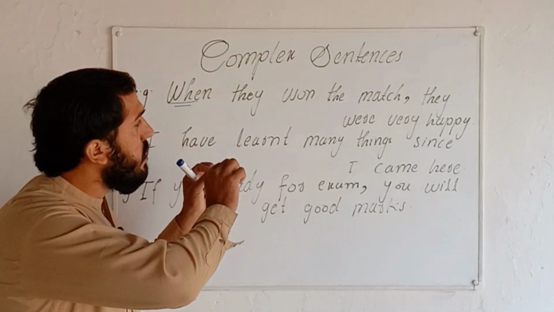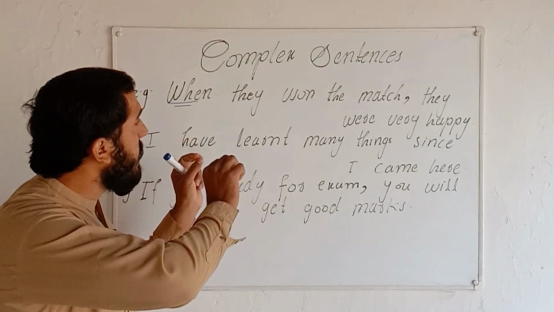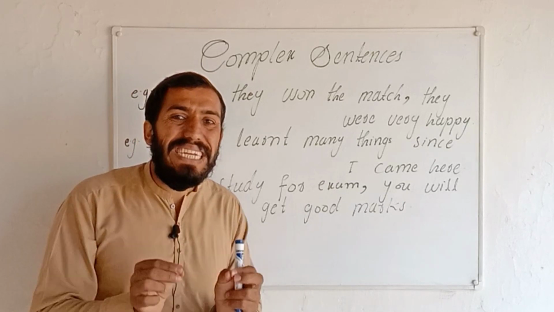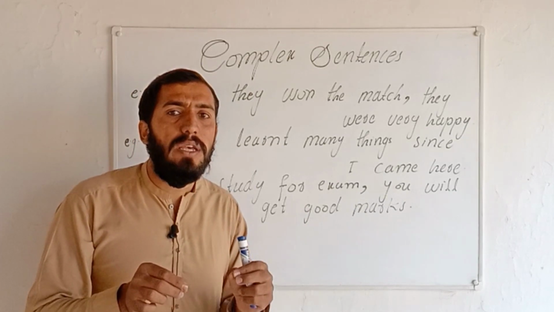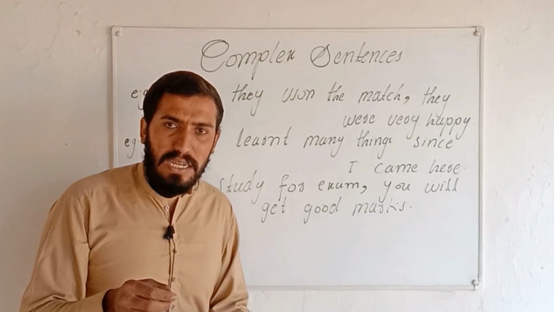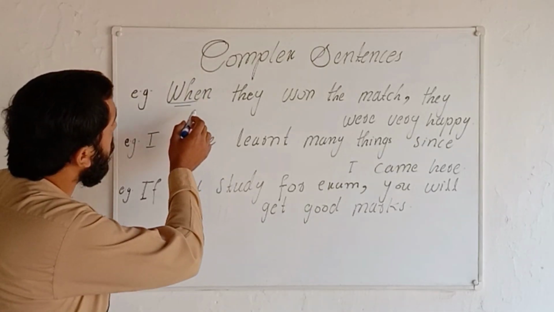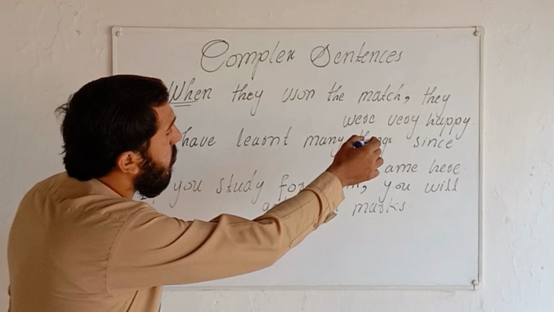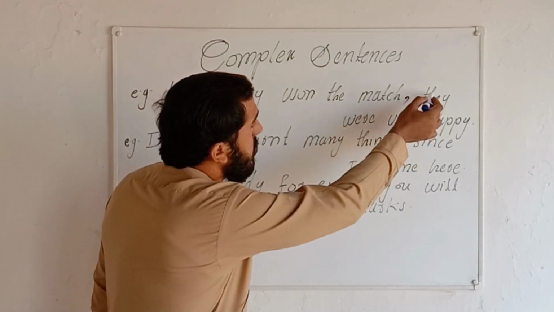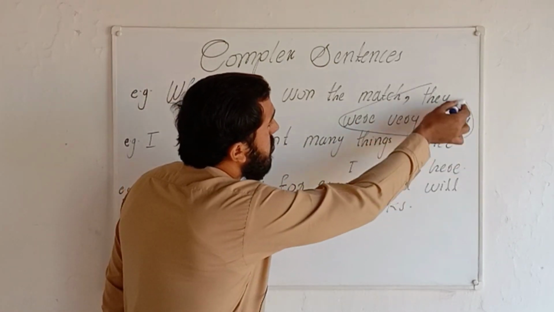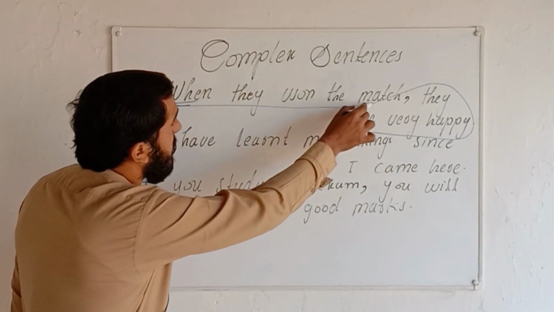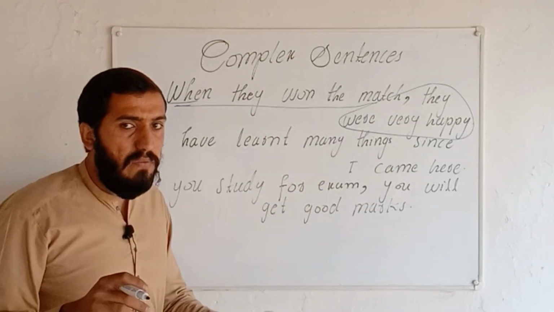Complex sentences should be connected by subordinators. You should use subordinators in complex sentences. We have here: when. When they won the match, they were very happy. They were very happy is the independent clause and this is the dependent clause.